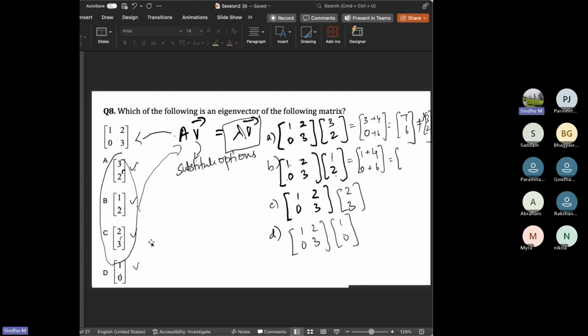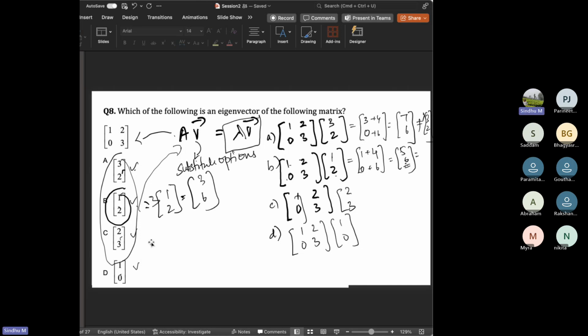We can't write 5 and 6 as a multiple of 1 and 2, because if you want to get 6, you have to multiply by 3, so you'll get 3 and 6, not 5 and 6. So we can't write it in the form lambda v.